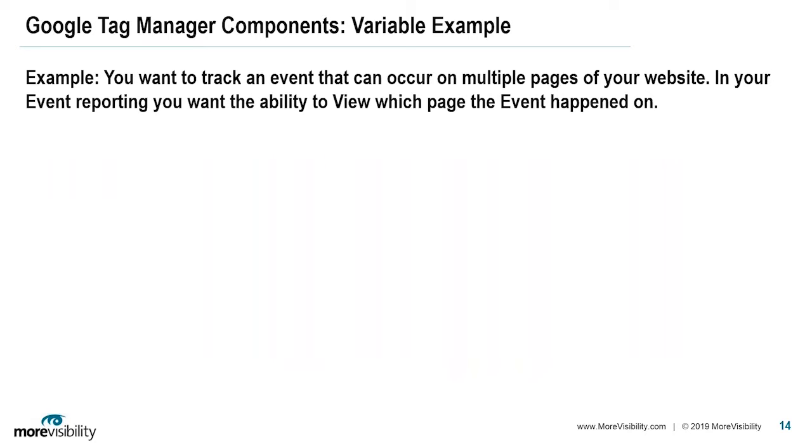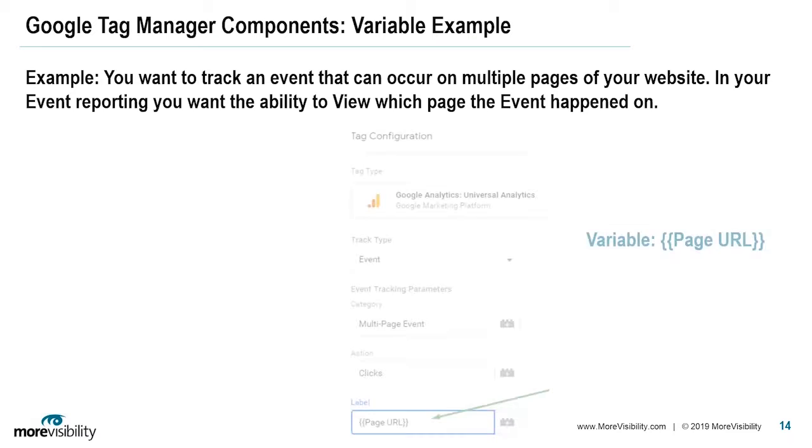So let's say that you want to track an event that can occur on multiple pages of your site, such as a button click. In the event reporting, you want the ability to view which page this event happened on. So within the event tag configuration, we would want to put the label in this case as the page URL. And you can see those brackets around page URL, which indicates the variable in the Google Tag Manager interface.